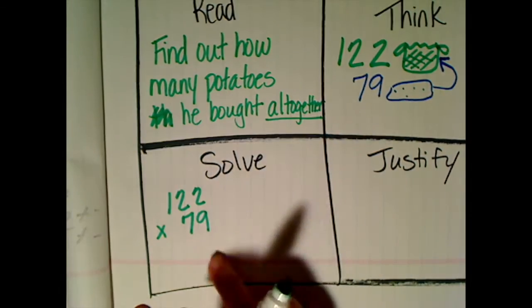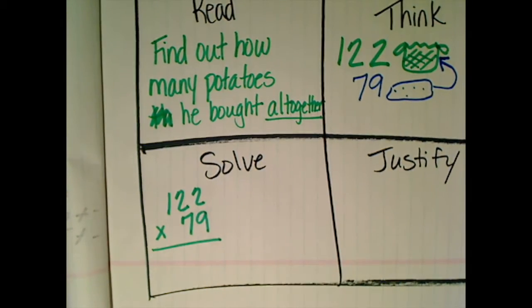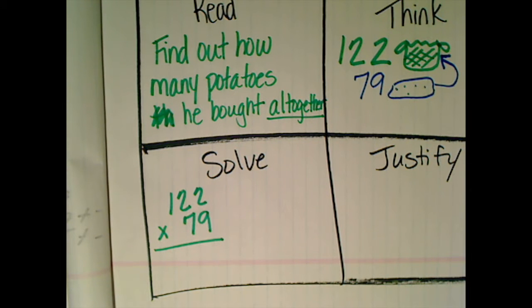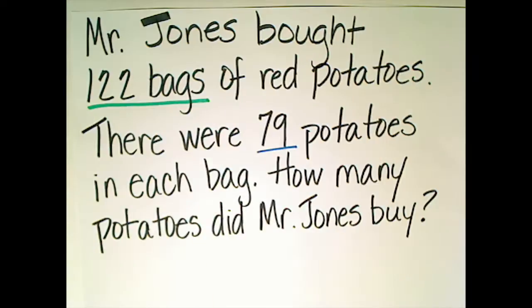And what I really like about this solving part is you come up with the product in a method that works for you. So like the 3 methods that I showed you earlier, we're going to go through each one for this particular problem. Remember, the goal or our objective is to multiply a 3-digit by a 2-digit number.